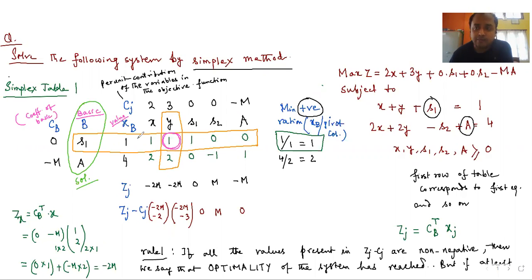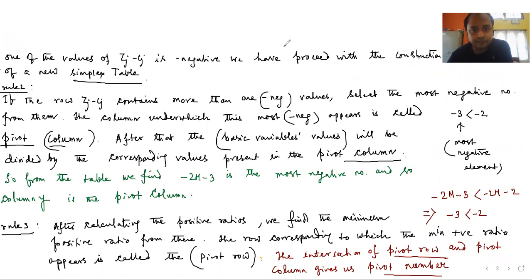So why am I calculating the pivot row and pivot column? Because the pivot column gives the entering variable in the basis of the new simplex table.